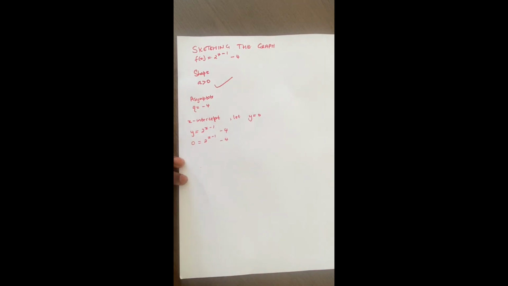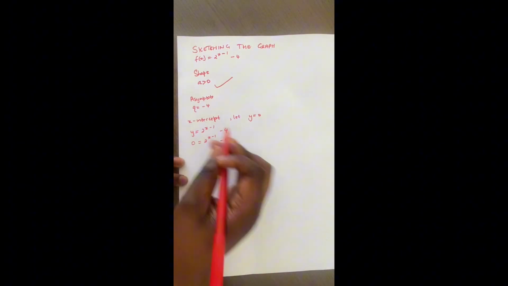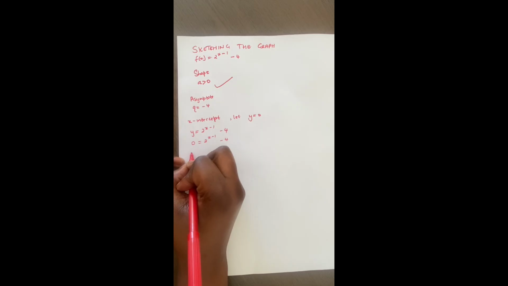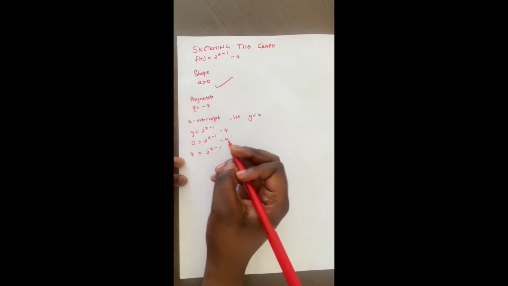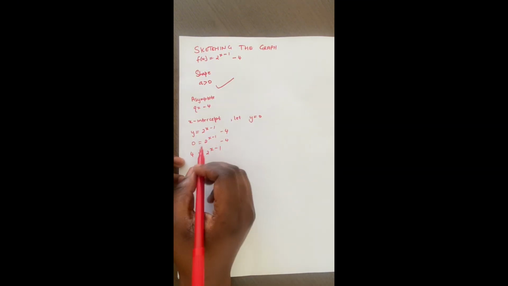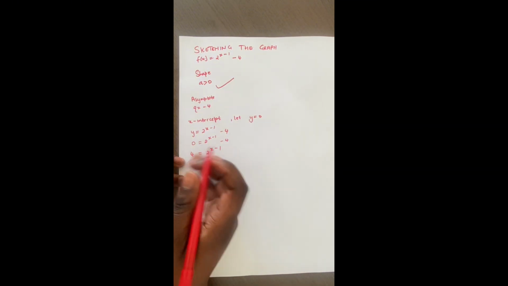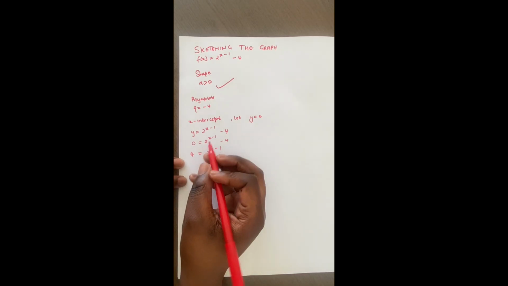So now what you can do is to transpose this 4 to the other side. So it's going to be positive 4 is equal to 2 to exponent x minus 1. And then you know the rules for the exponents, you have to make the bases the same. So if the bases are the same, that means the exponents are also the same.